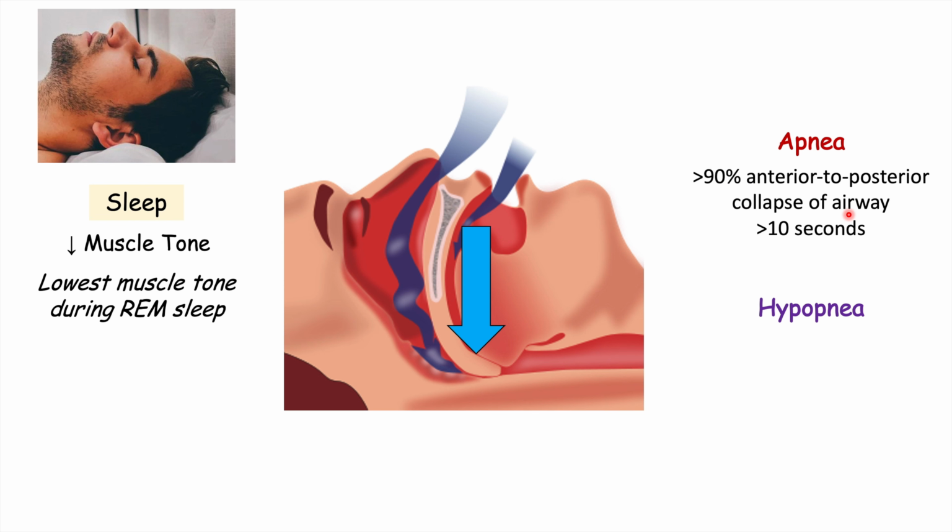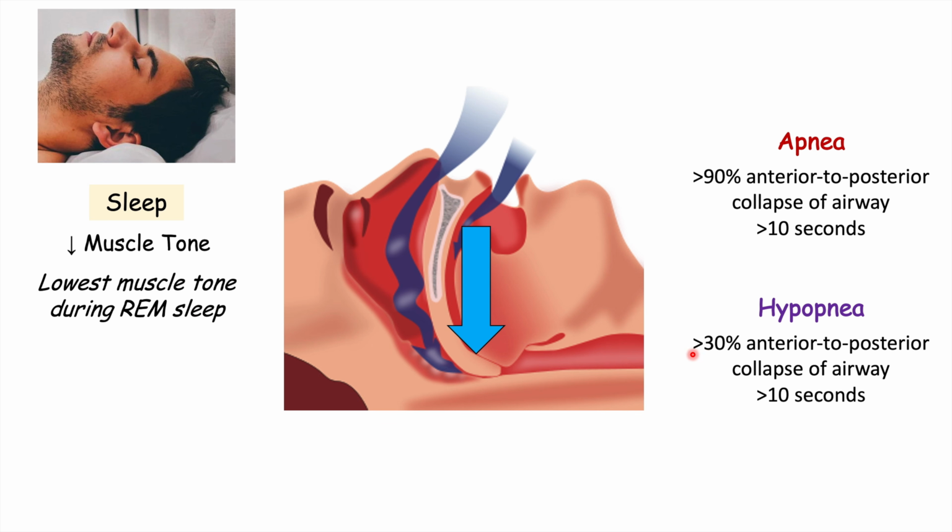And the reason why I put so much emphasis on the exact definition of apnea is because there is also something known as hypopnea. We talked about this before when we talked about the fact that obstructive sleep apnea can also be referred to as obstructive sleep apnea hypopnea, because there may also be episodes of hypopnea as well. Hypopnea are like mild versions of apnea episodes, meaning that there is reduced airflow for greater than 10 seconds and there is still respiratory effort in obstructive sleep apnea, but it isn't as severe of a collapse of the airway as in apnea.